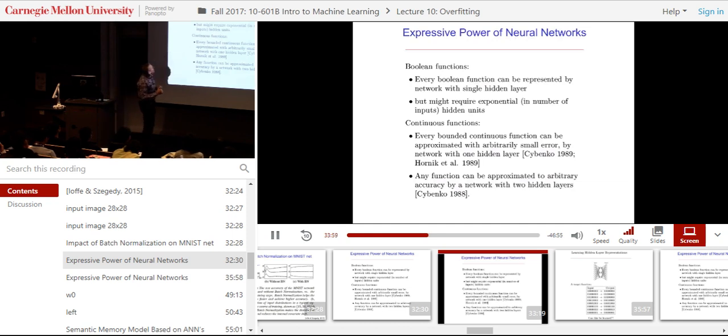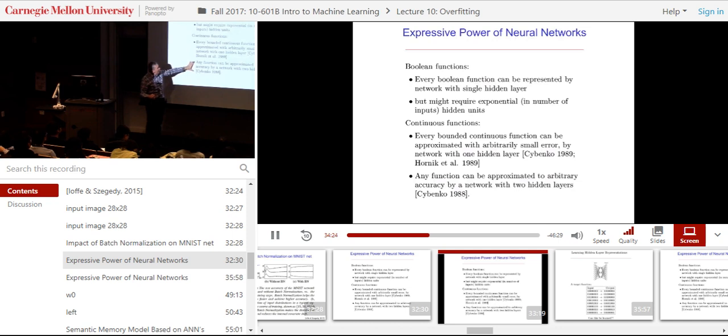But that's a fact. When you get to continuous functions, it's actually surprising to me. Every bounded continuous function can be approximated with arbitrarily small error by a network with just one hidden layer. Again, no guarantees on how wide that hidden layer will have to be.